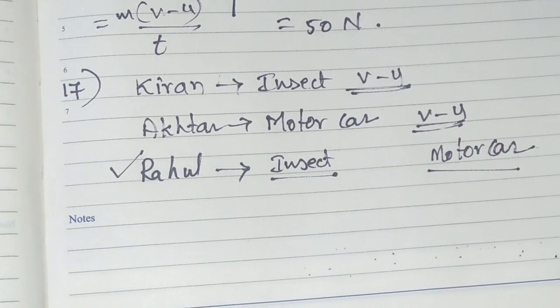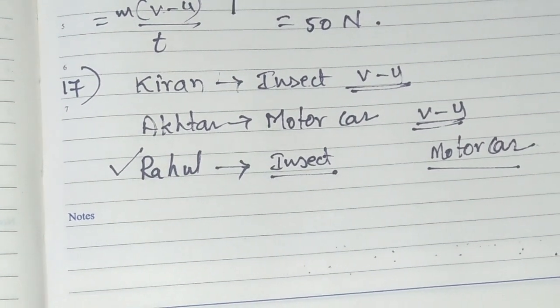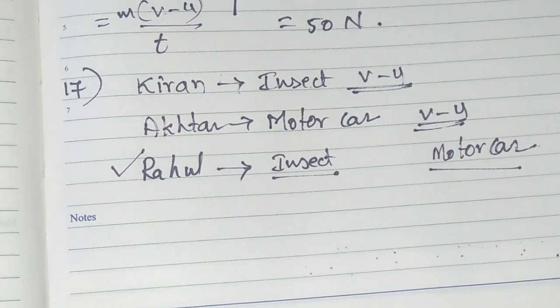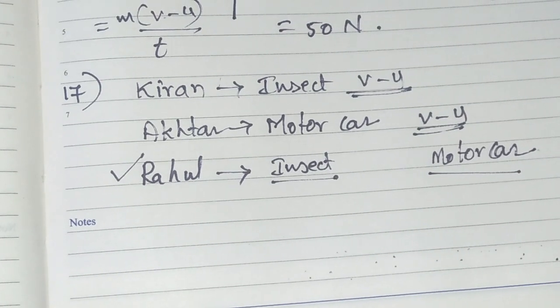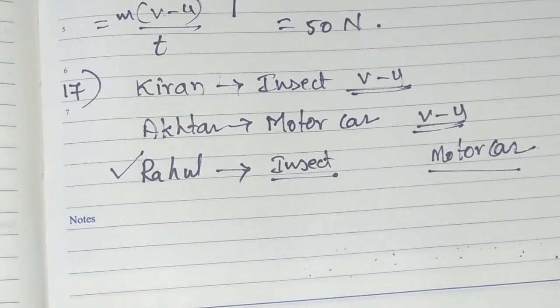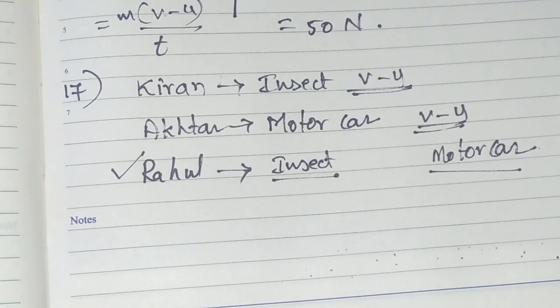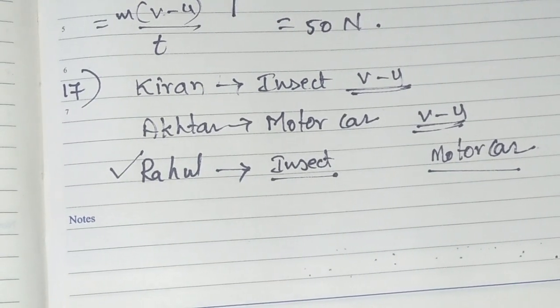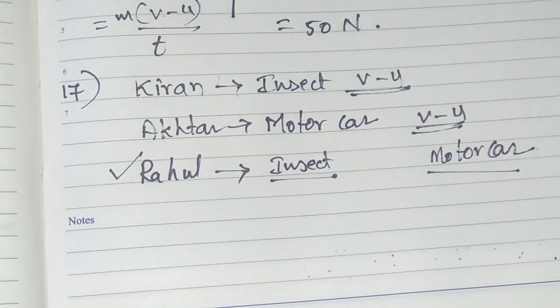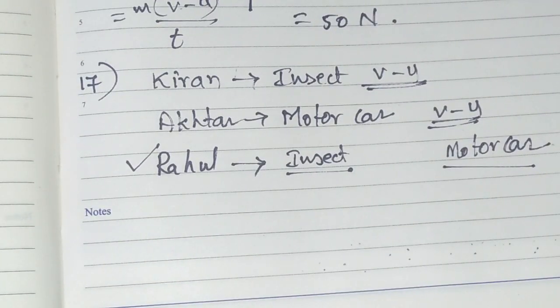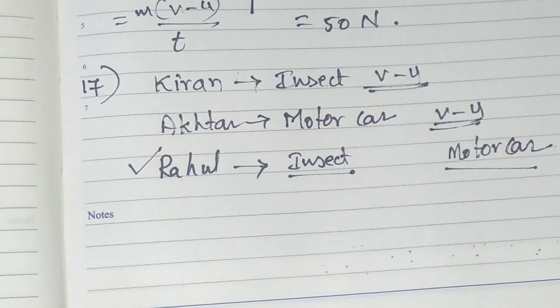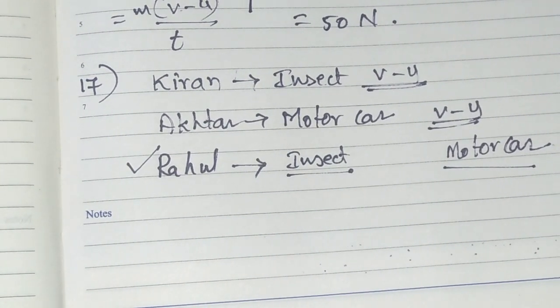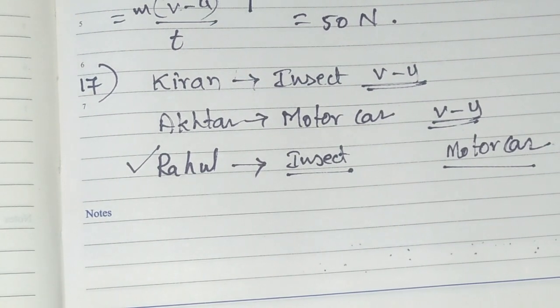So both of them have the same momentum, and both will exert the same force on each other. That is why we can say that in this situation, Rahul is correct.